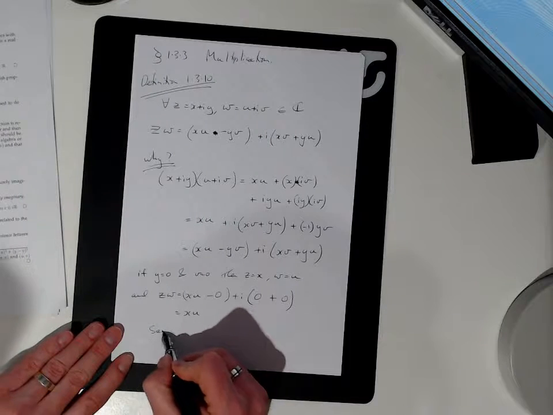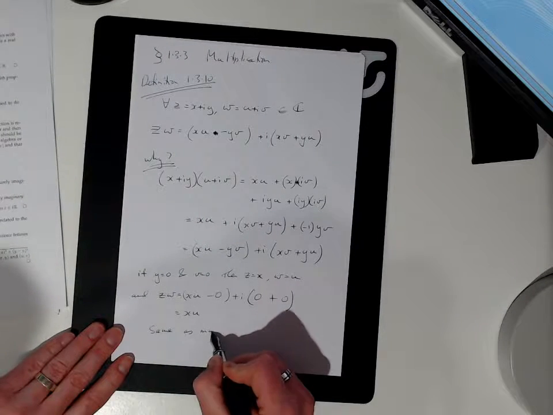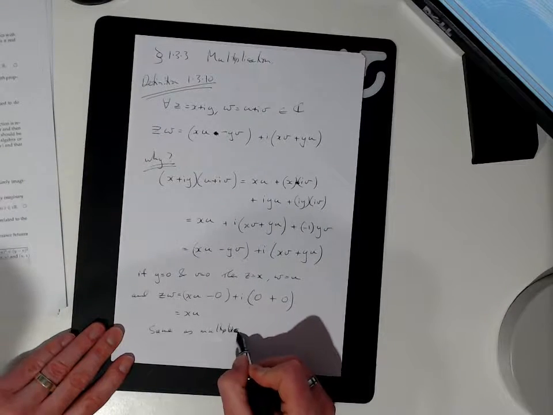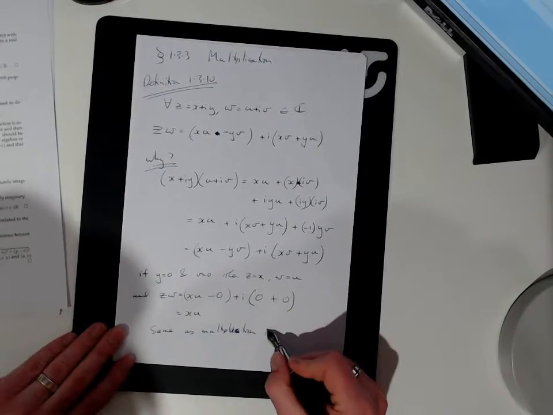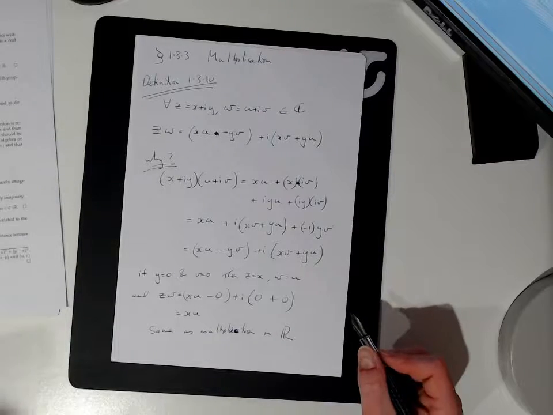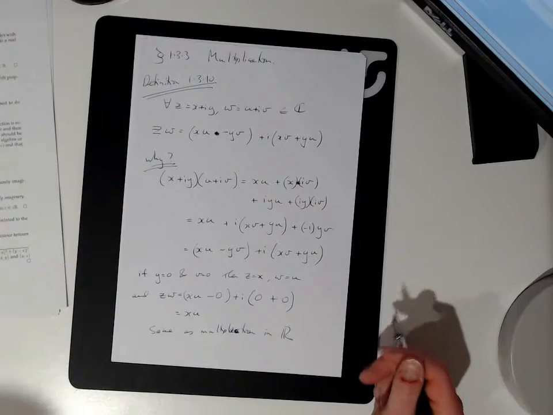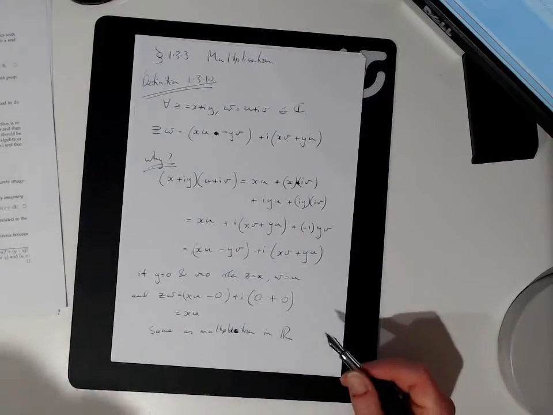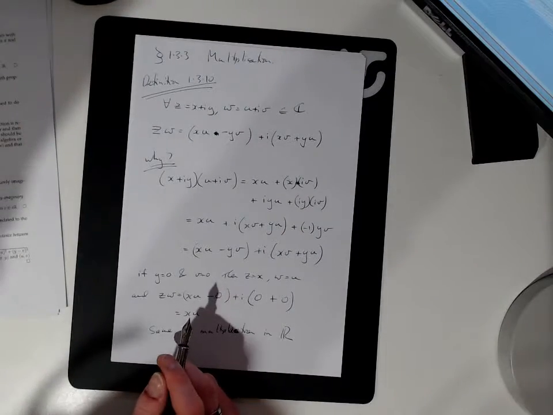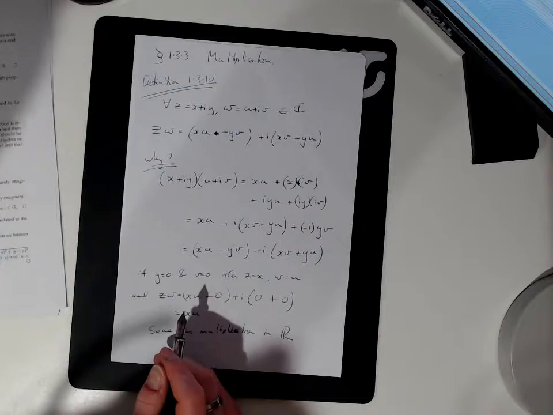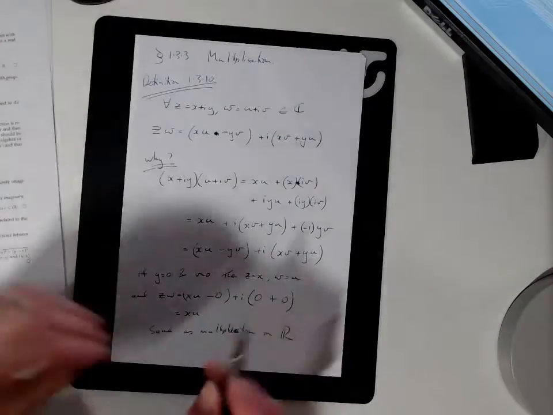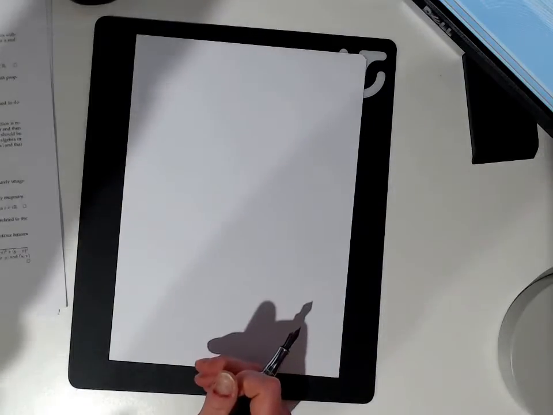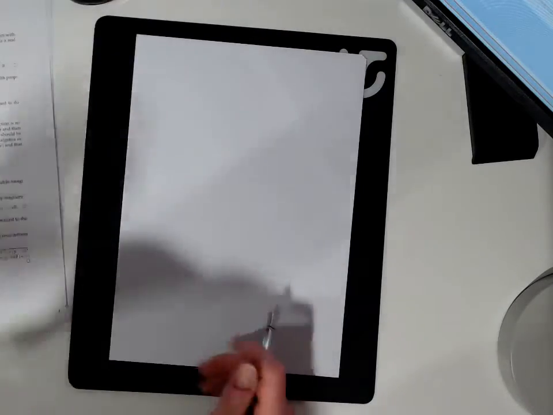So this just says same as multiplication in R. When your complex numbers have no imaginary part, the multiplication that we've defined is the same as in the real numbers, which is important because you can consider the real numbers to be inside the complex numbers, and you want the algebraic structure of the complex numbers to also reflect that of the real numbers, which it does. So that's great.